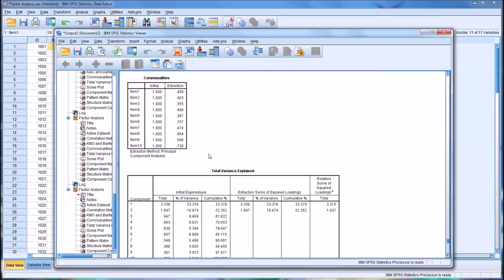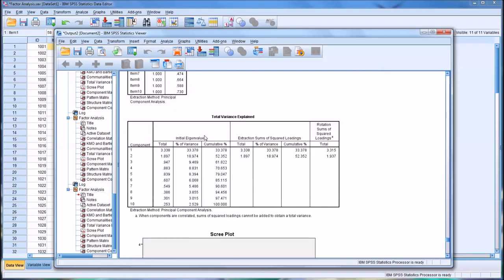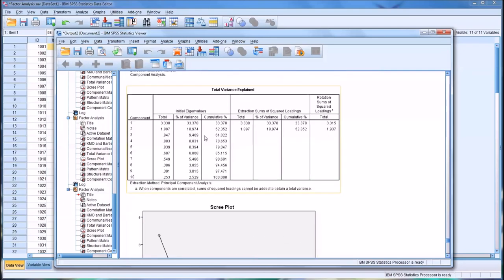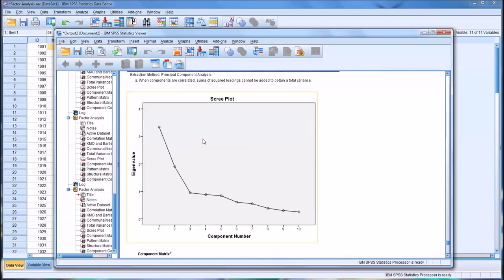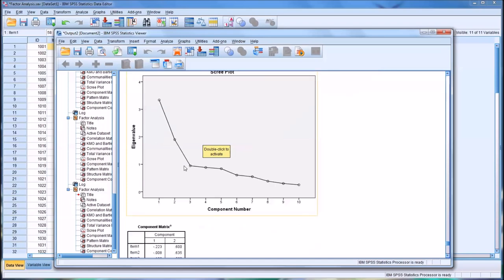Looking at the extraction here, let me move down. I'll come back up to the variance explained. You can see that there are two components that were extracted based on the eigenvalue of greater than 1. This is the scree plot here.